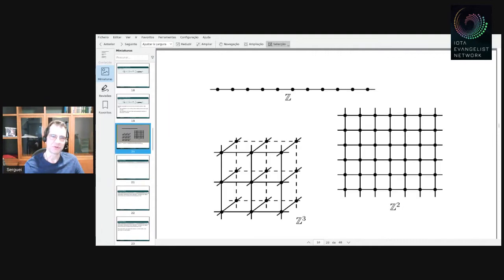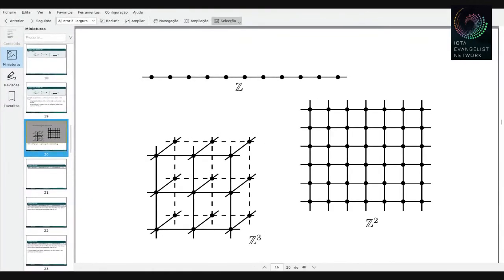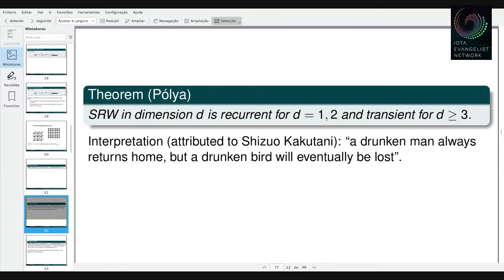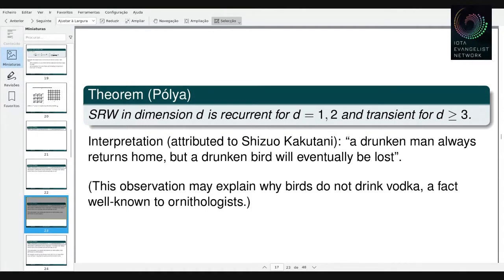If you think about this as a map of, let's say, Manhattan, and you live here and get drunk and go walking in a random fashion, then eventually you will return home. But if you are a bird and you do it in 3 dimensions, then you will not be so lucky. At some moment you will just be lost forever. And that may explain why birds do not drink vodka.